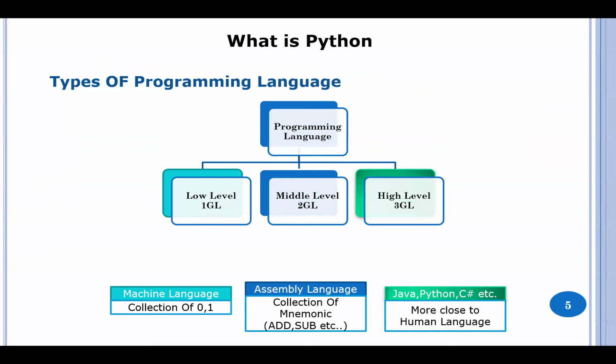When we talk about the programming language, it has a very big history. It did not start now or 10 years ago. It is a very long history. When people invented the computer, after that they found that we need some language so we can write programs and instruct the computer to do something.